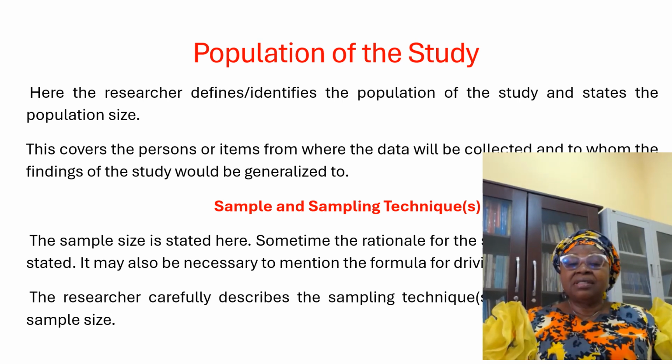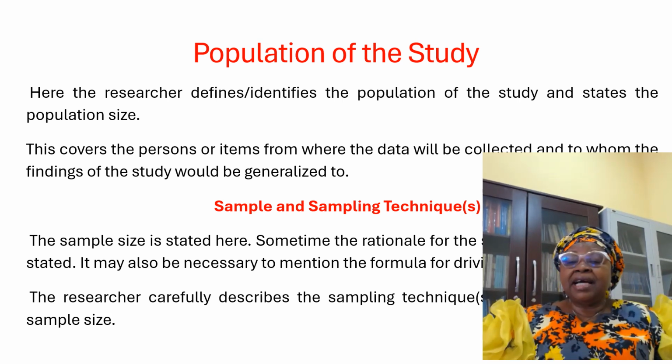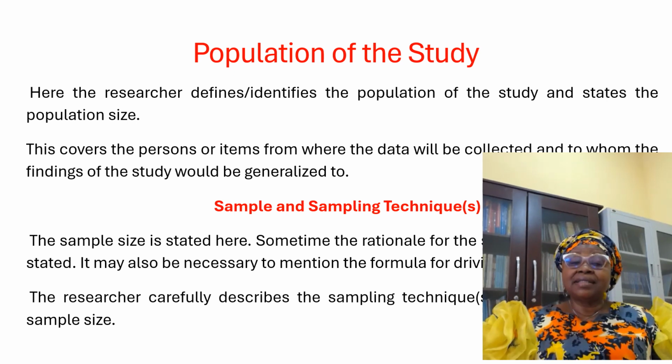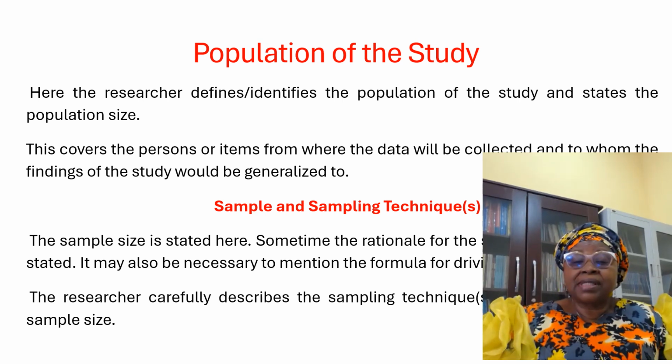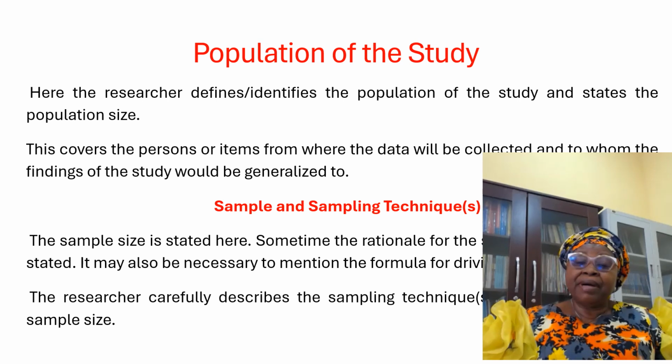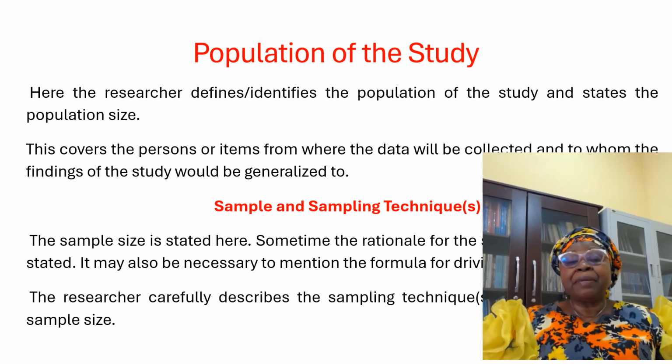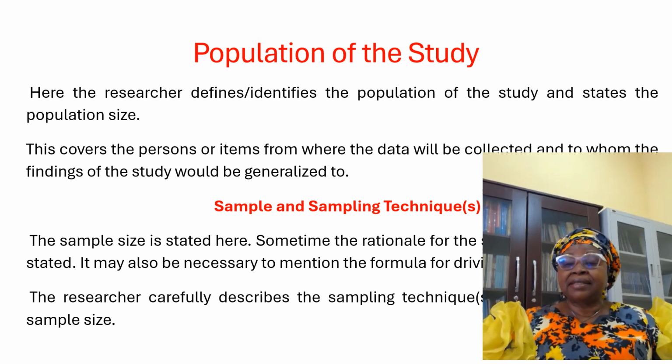Population of the study. Here, the researcher identifies or defines the population of the study and states the population size. Very important. This covers the persons or items from where the data will be collected and to whom the findings of the study will be generalized. When we talk of sample and sampling technique, the sample is a part of the population we want to study. So in reporting it, the sample size is stated.